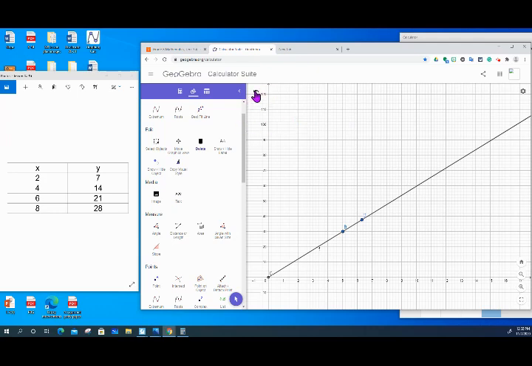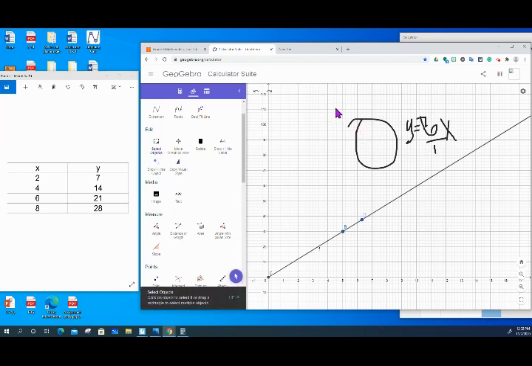Whoops, that was weird. I don't know why that thing disappeared. Y equals 6 over 1x. Don't know why I can't get rid of that. That's okay. We'll leave it.